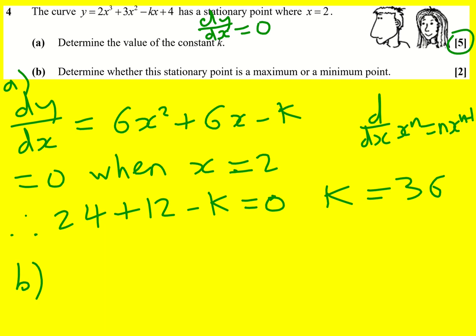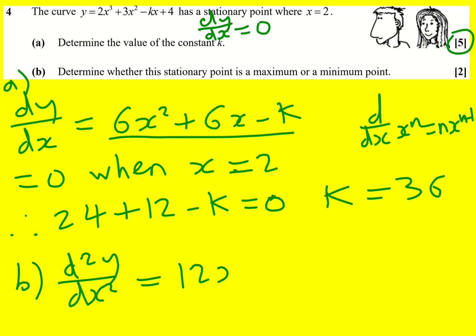Two ways to do this, but the first, the good recommendation, is always just to find the second derivative, just because it tends to be a bit quicker. Okay, so second derivative, we're going to take this thing here and differentiate it again. So we're going to get 12x plus 6.